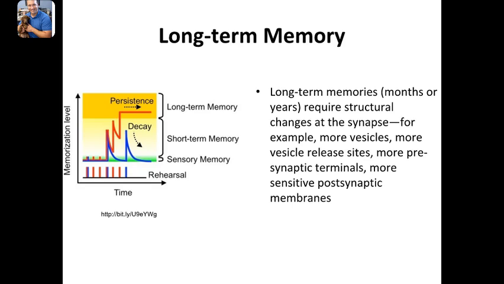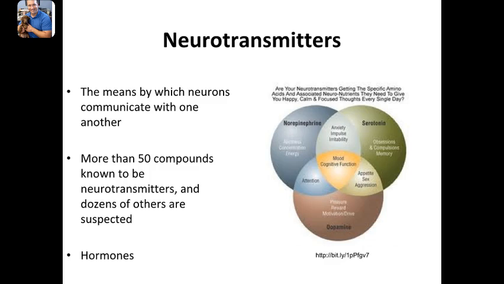So long-term memory, remember that all the activities in the synapse, more calcium channels flooding open, more action potentials firing, stronger neurotransmitters are all loaded up, ready for release. And here are some of the neurotransmitters. There's various ones, okay? There's more than 50 compounds that we know of. They're chemical messengers.